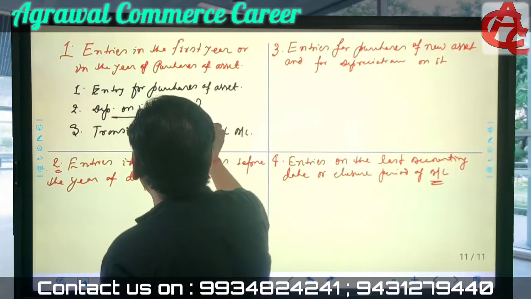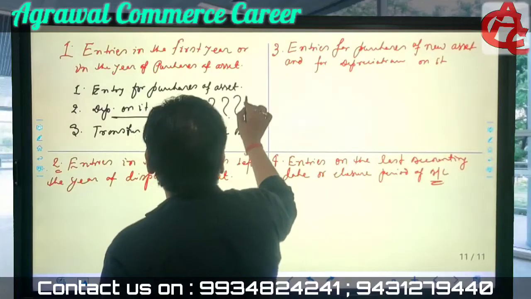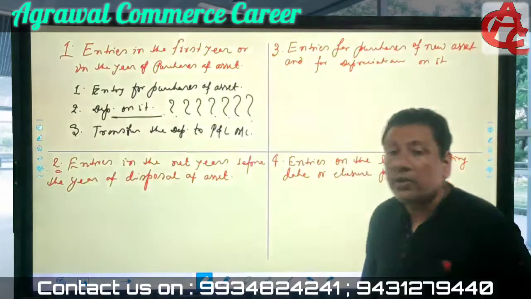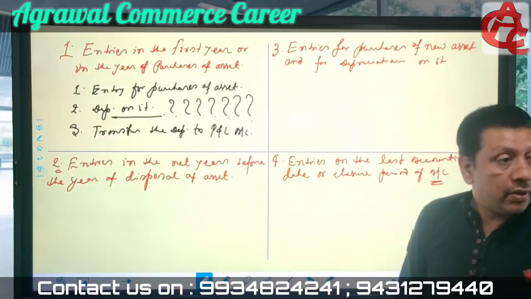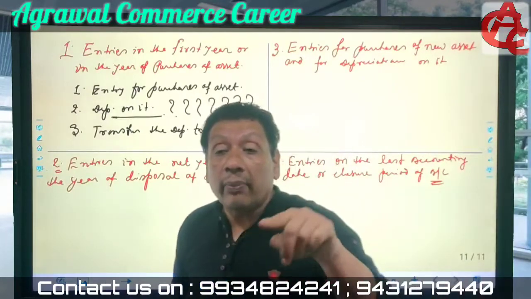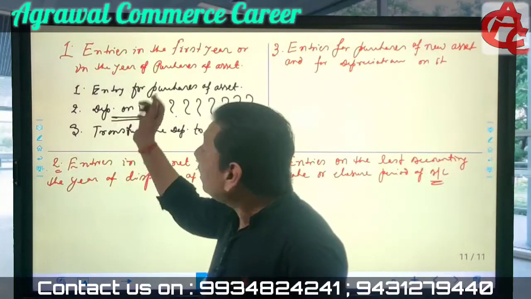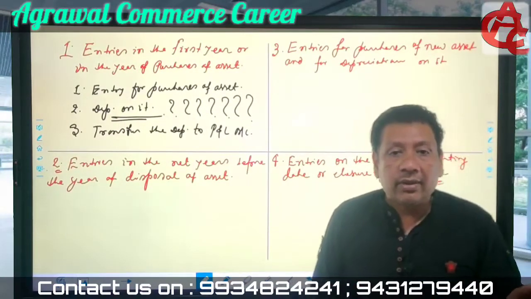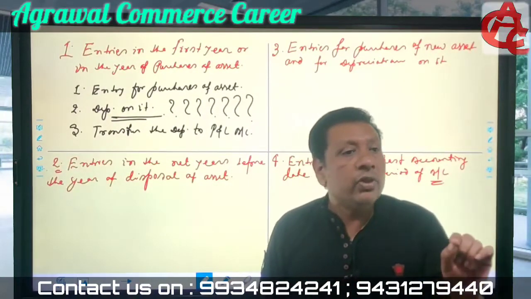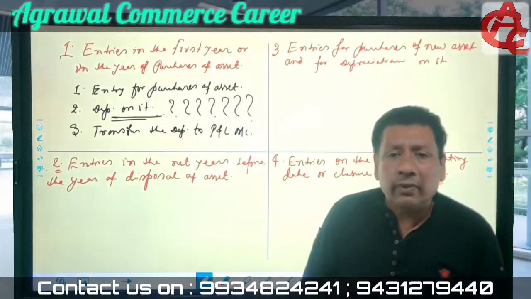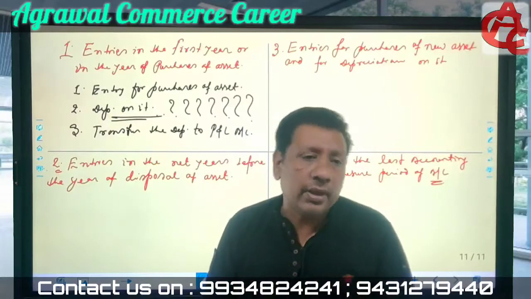Depreciation on it, I have given so many interrogation marks here. Depreciation on which one? The asset you have purchased in the very first year, how would you calculate depreciation on it? And what entry will be passed for it? Very simple thing, my dear friends, try to understand. I am going to give you some technical point here. We have calculated depreciation.